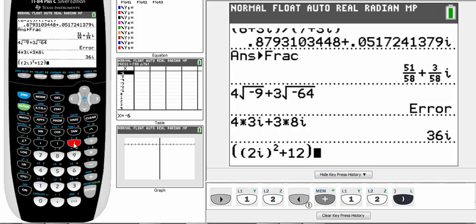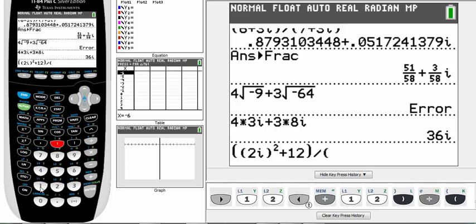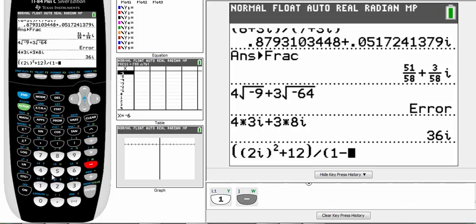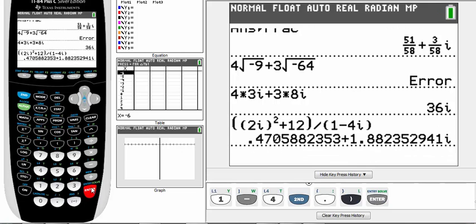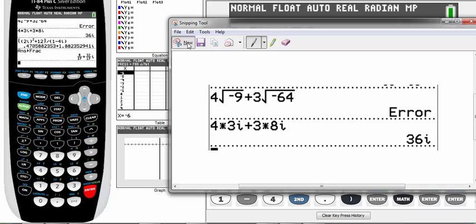Close parenthesis, divided by, and we're dividing by 1 minus 4i, and I can just put in the 4i if I want. And if you wanted to put in the 2 times the 2i, you can. And that's my entire denominator. And again, I'm going to get the ugly fractions, and let's cross our fingers that this will be able to convert this to fractions to check our answer. And it did. So let's go ahead and double check our work here and see.